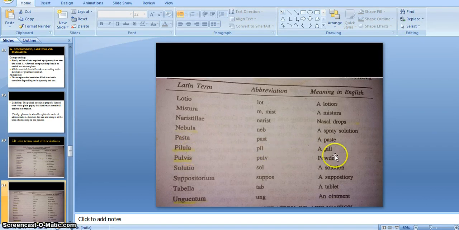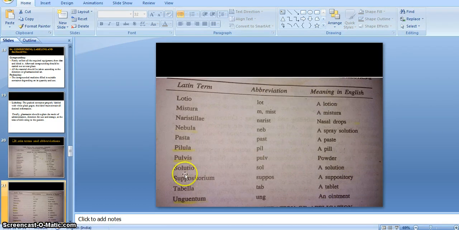Pilula is a pill. Pulvis is powder. Solutio is solution. Suppositorium is suppository. Then tabella is tablet. Unguentum is an ointment. These are the preparations.